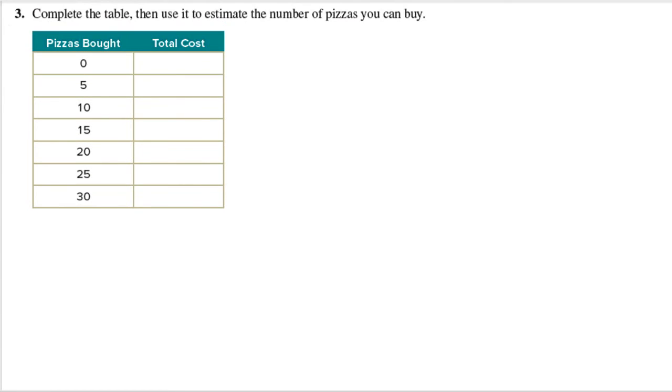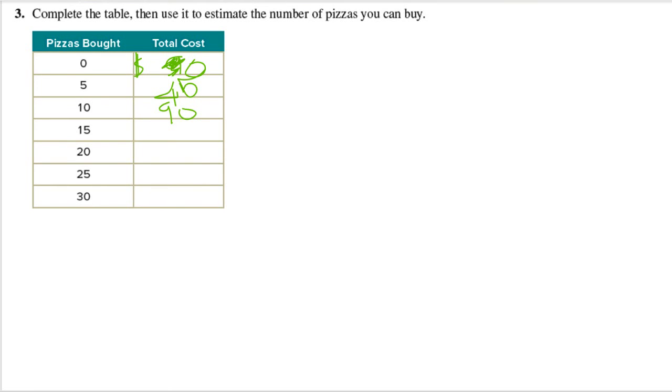Okay. Question 3, you buy 0 pizzas, you pay $0. 5 pizzas, 5 times 9 is 45. 10 pizzas, 10 times 9 is 90. And I should be putting dollar signs here, and I should be putting 2 decimal places.